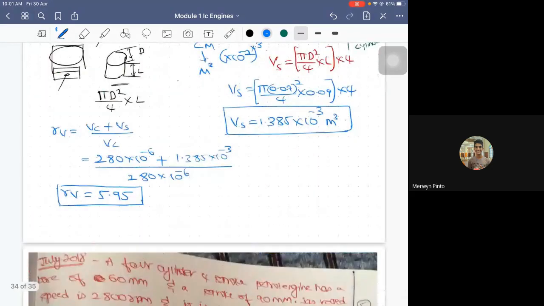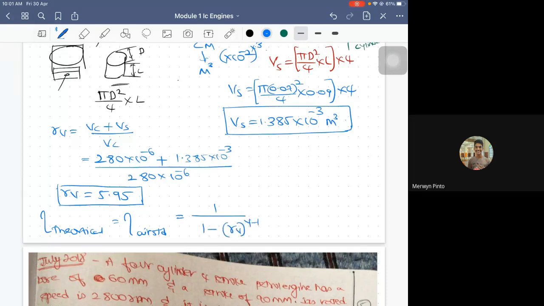So efficiency theoretical is nothing but efficiency air standard, and that is equal to 1 divided by 1 minus Rv to the power of gamma minus 1. What is the gamma value? 1.4. Very good.